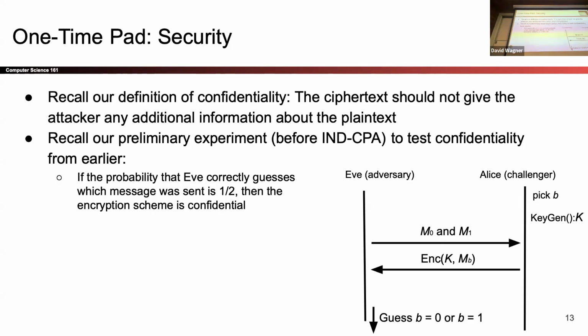In this setup, Eve sees one ciphertext, the encryption of one of these messages, not both. Eve doesn't have the key, and Alice is picking one of these two messages and encrypting it, and Eve sees the resulting ciphertext but doesn't know which one it came from.